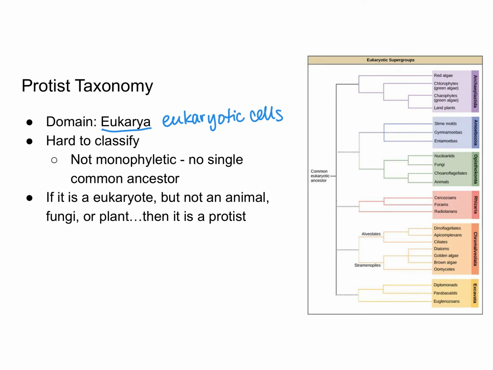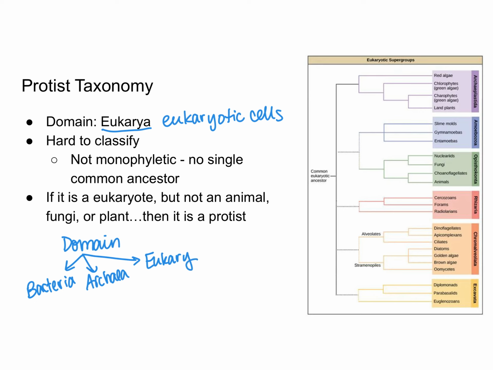And remember with classification, the broadest classification is known as the domain. We've already talked about two other domains so far. We've got domain Bacteria, domain Archaea, and now we're talking about domain Eukarya.